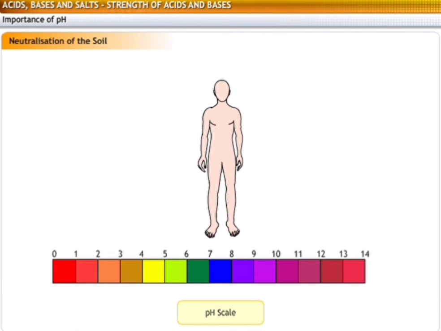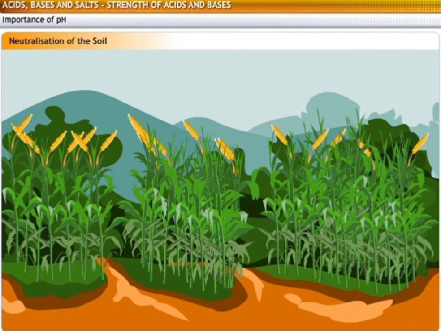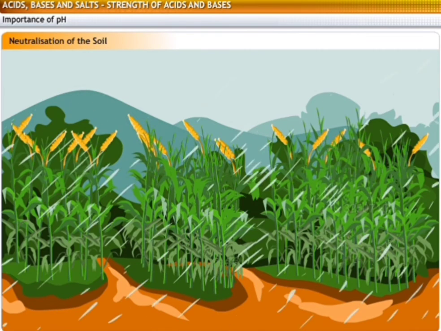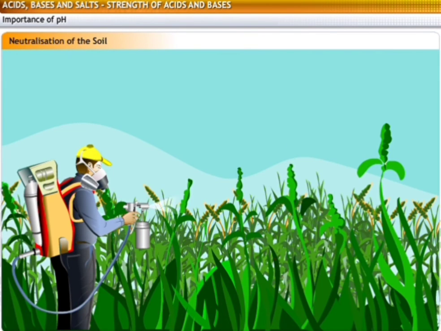All living beings exist within a specific pH range. The human body works within the pH of 7 and 7.8. Similarly, different crops need different soils. Sometimes, the acidity of soil increases due to acid rain or the excessive use of chemical fertilizers and insecticides.